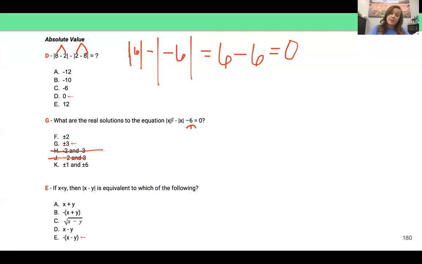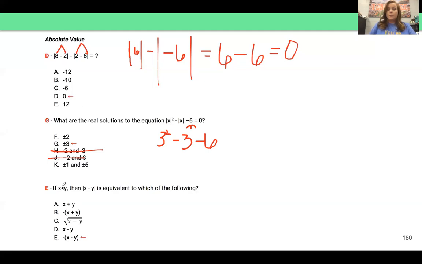It's the negatives. I'd start with the negatives first. So negative 3 here is going to give me positive 3. And then I square it. Minus, what is negative 3? That's going to be positive 3. And then minus 6. So you're going to get 9 minus 3 minus 6. That equals 0. Yes. When you put in the 2, you're going to get 4 minus 2 minus 6. That doesn't work.